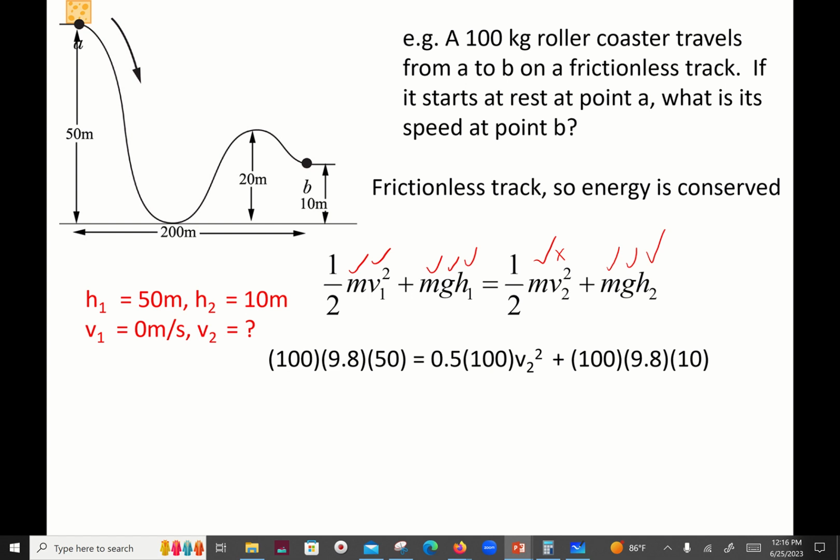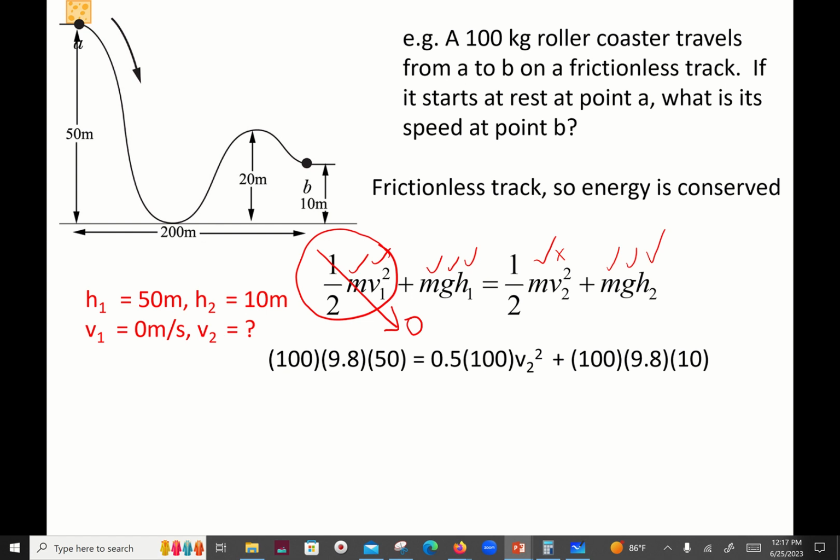So mass is 100 kilograms, so everywhere there's an m in that equation, I'm going to put in 100. And you'll notice I don't have the 1/2 m times v1 squared, because that's 0, because the speed at point A is 0, so I could just leave that off on the left-hand side.